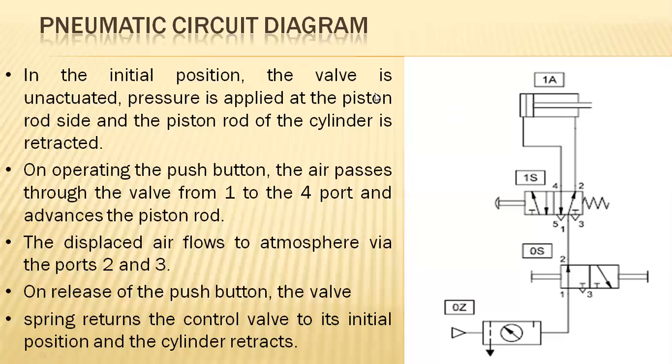Lubrication specifies that a nominal amount of fluid will be entered with this pressurized air into the different valves and the different tubes, hose pipes which are connected in between, and enters into the cylinder and piston arrangement. So why are we utilizing this FRL unit?